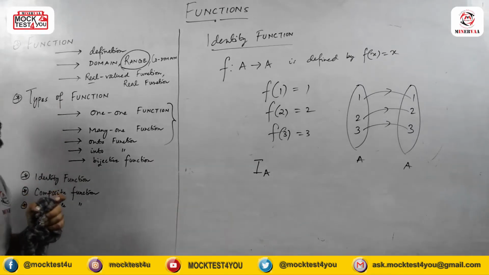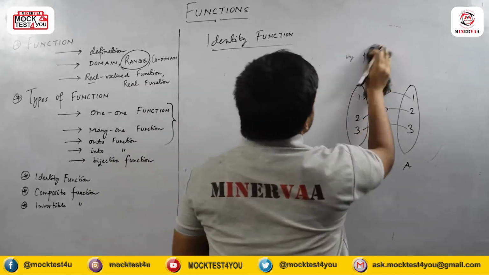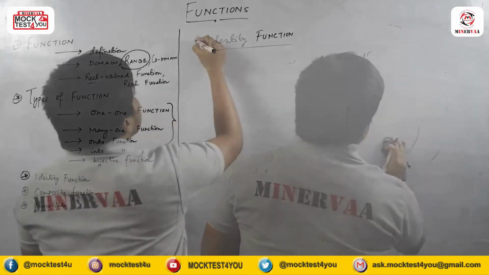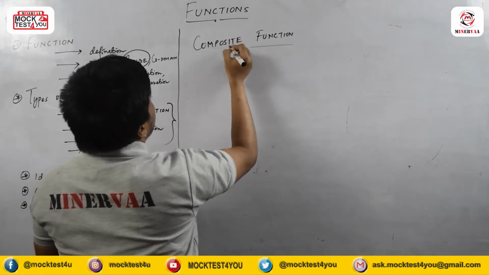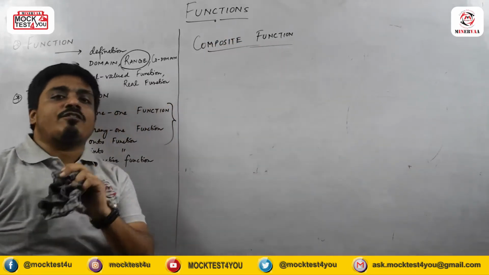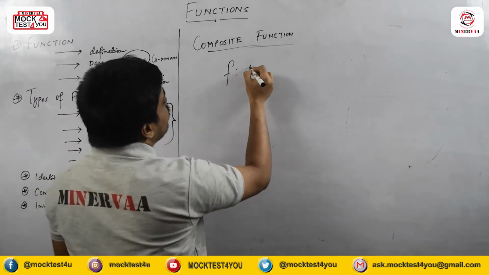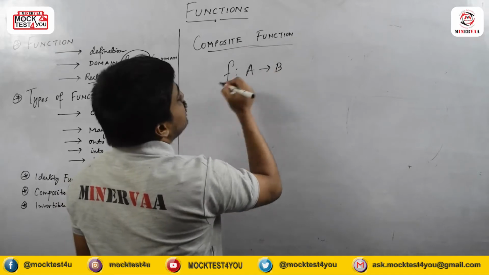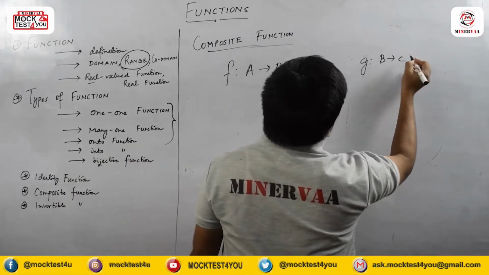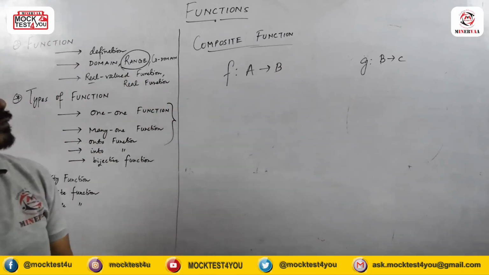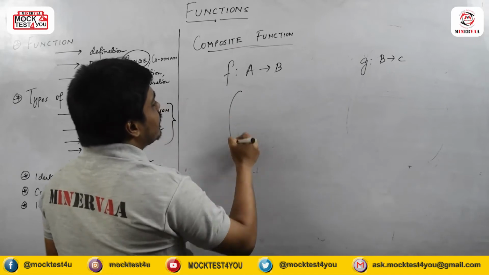Now we have composite function. The next topic is composite function. So what is composite function? Suppose there are two functions. One is f: A to B, and another function is g: B to C. Clear? So let us draw the arrow diagram with an example.